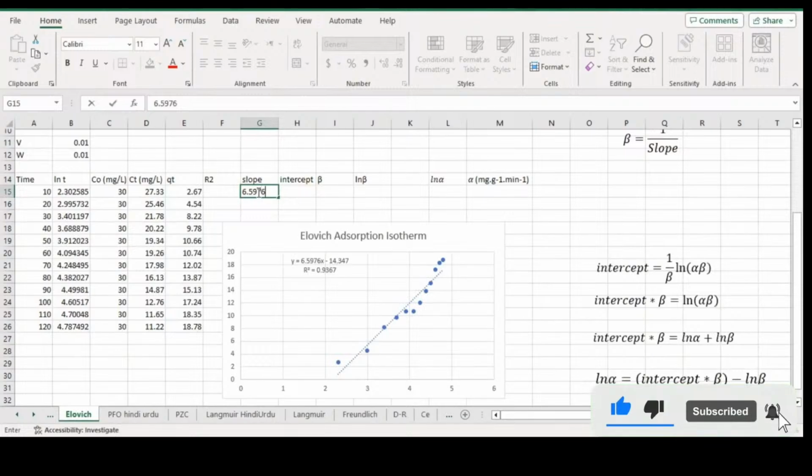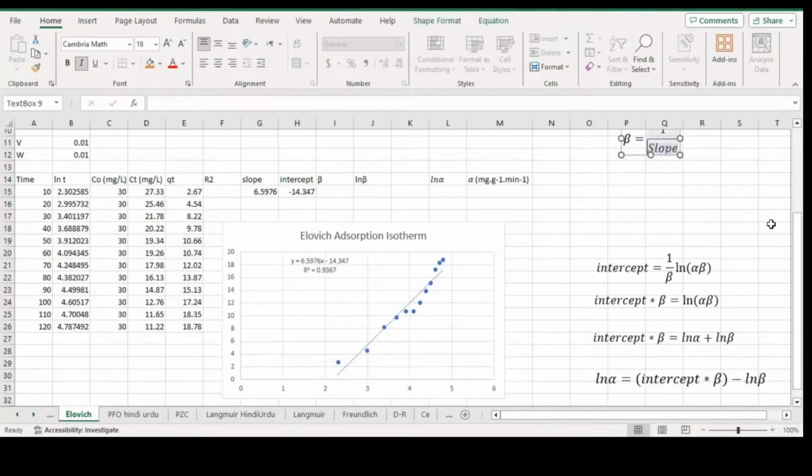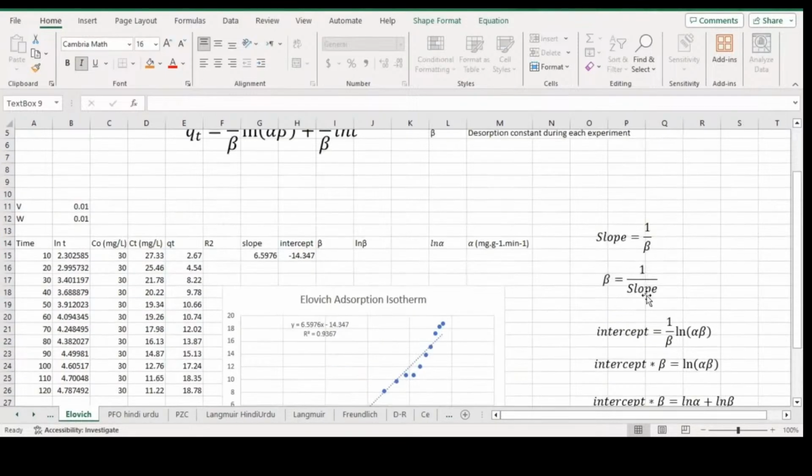According to the formula, our slope is equal to 1 over beta, so beta will be equal to 1 over the slope. So this will be equal to 1 divided by the slope value.